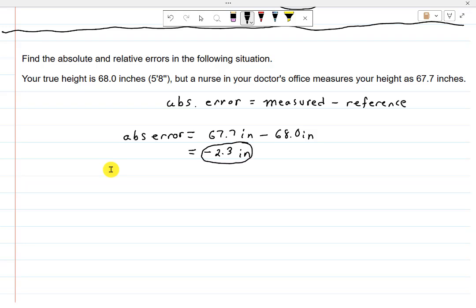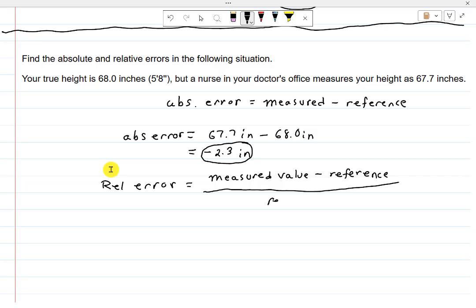Now for the relative error, or the percentage error, we take the measured value minus the reference, and divide by the reference. And then finally, we turn that into a percentage by multiplying by 100%.